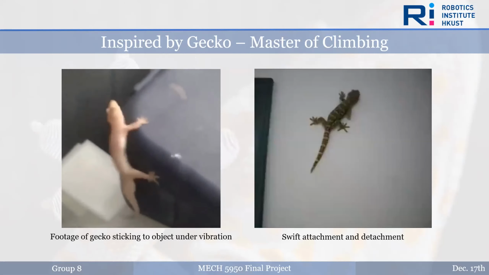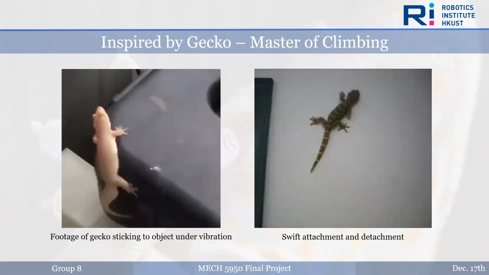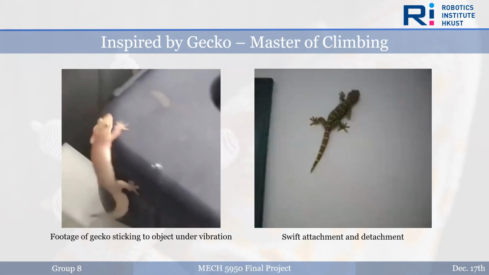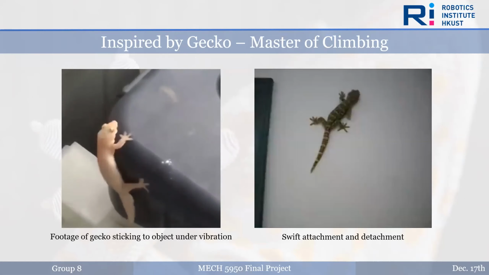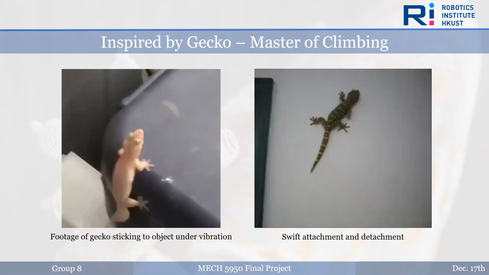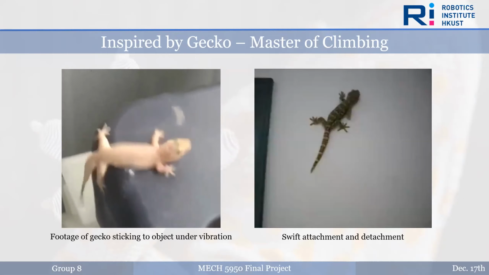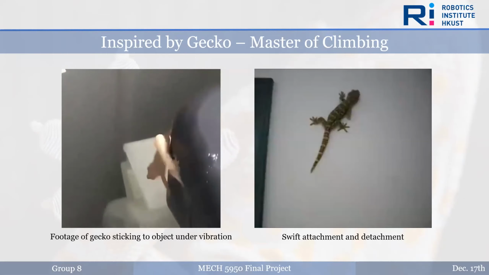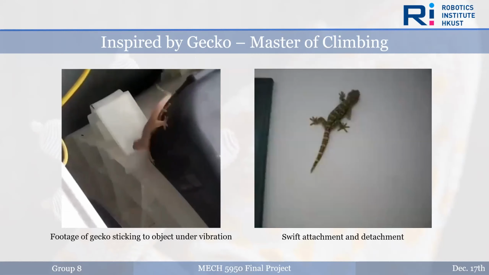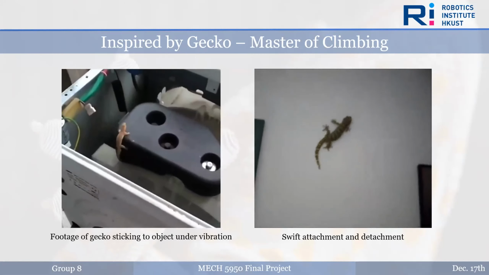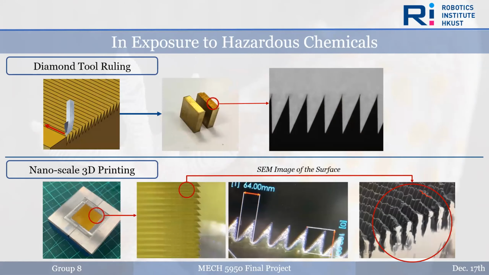Geckos are really known for their amazing ability to grasp different surfaces. So with the correct monitoring of every grasping condition, we can replicate that very good grasping motion and build a very powerful gripper based on such technologies.